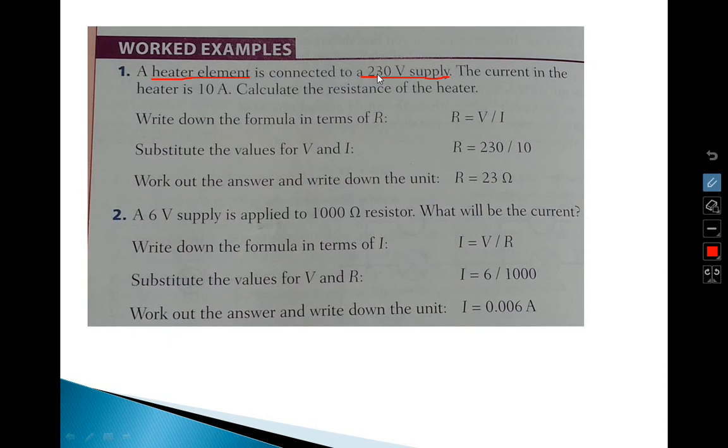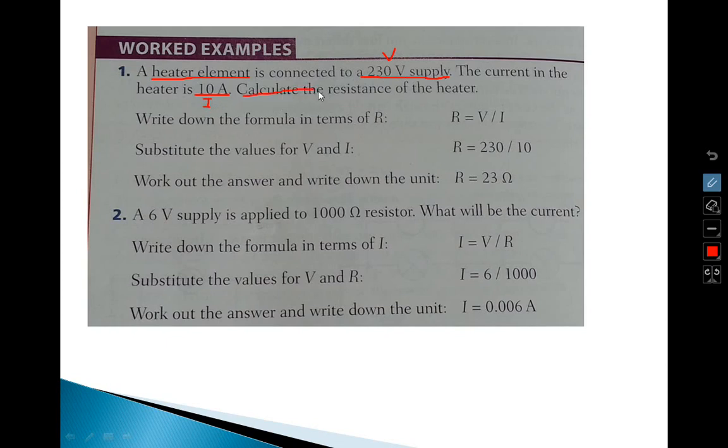The current in the heater is 10 ampere. So current I is equal to 10 ampere, and V is equal to 230 V. Write down the formula in terms of R.